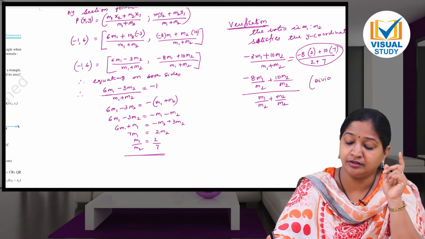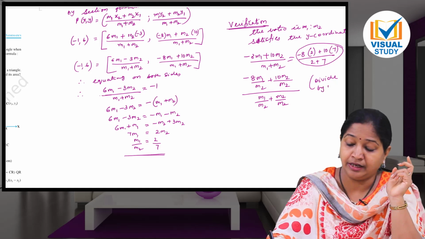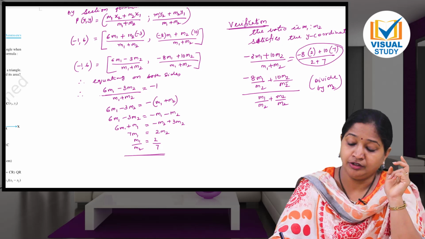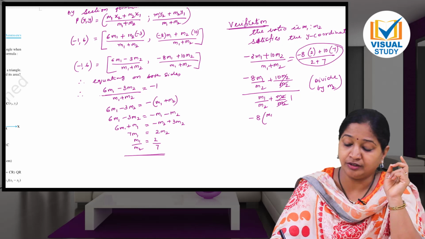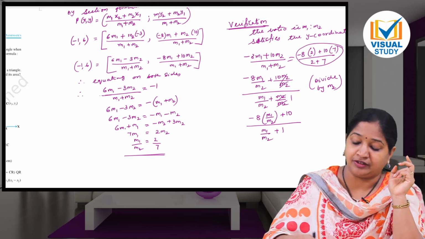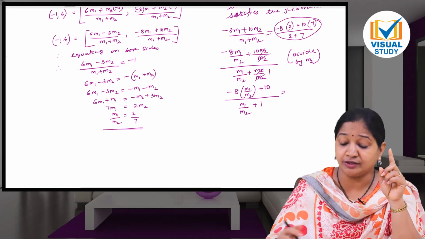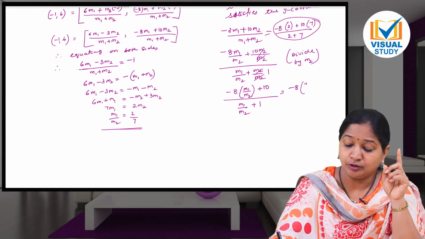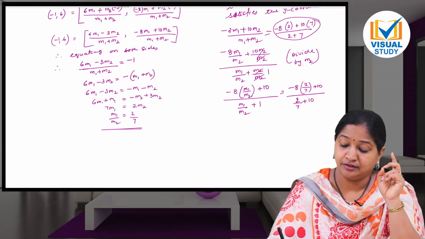Divide by m2. Now here m2 gets cancelled, here also it gets cancelled. So what you get is (8 m1/m2 + 10)/(m1/m2 + 1). Now you have m1 upon m2 that is 2 upon 7. So use it: (8 times 2/7 plus 10) upon (2/7 plus 1).